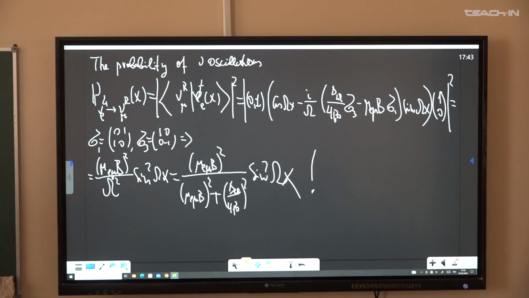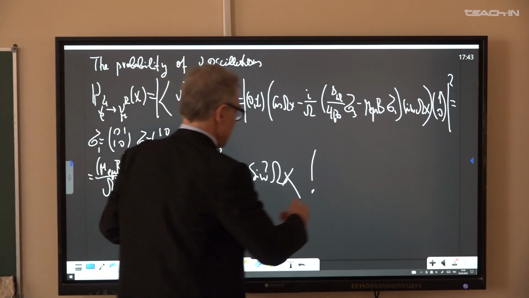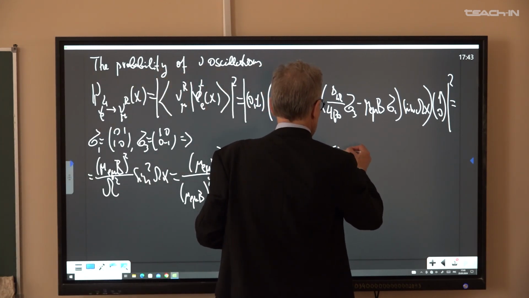This is the explicit expression for neutrino oscillations. Really, this is spin flavor oscillations. So, in addition to the change of flavor from electron to muon, spin is also changing.